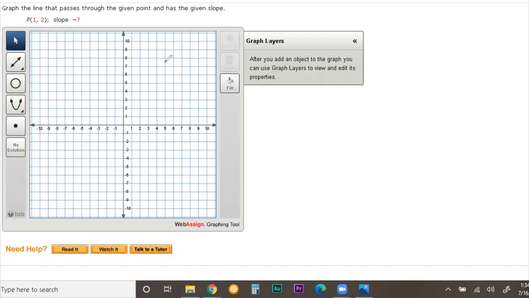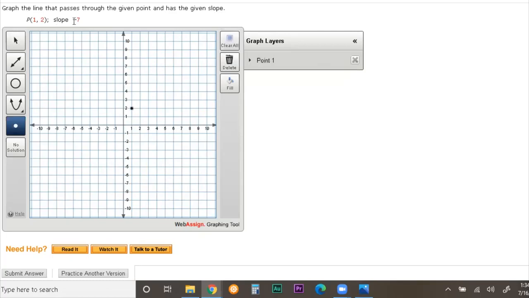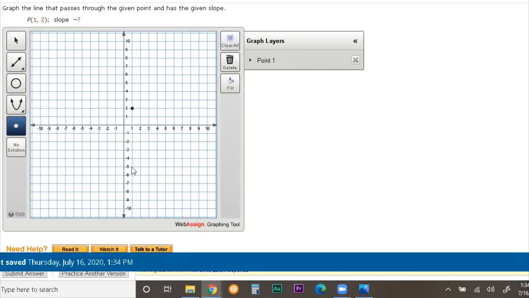If we look at this one, we plot the point 2, 1, which is 1, 2. So we go 1, 2. Then the slope is -7. So we go down 7 and to the right 1.